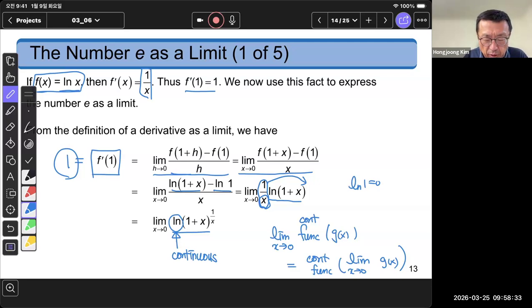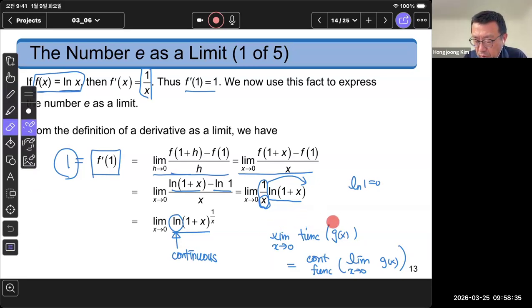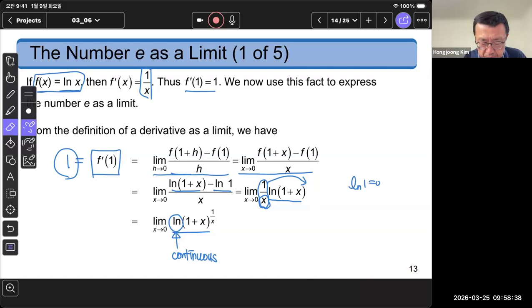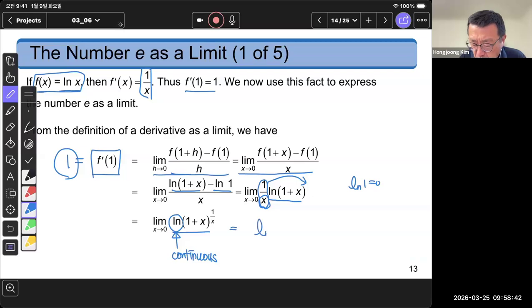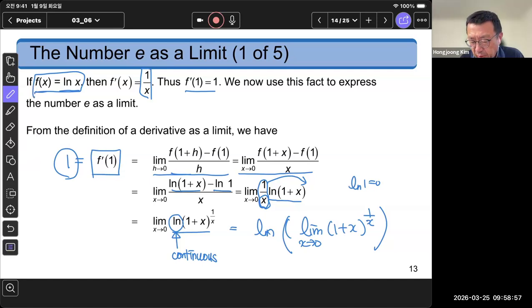So if I do this, that will be the natural logarithmic function of the limit of (1 plus x) to the 1 over x as x goes to 0. So I have ln of something is 1.